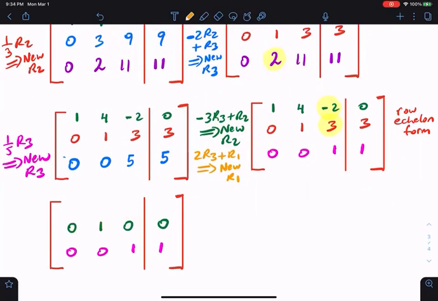So 2 times all the elements in row 3. 2 times 0 is 0 plus row 1 is 1. 2 times 0 is 0 plus 4 is 4. 2 times 1 is 2, 2 minus 2 is 0. 2 times 1 is 2 plus 0 is 2. Yes? So that's what we have so far.